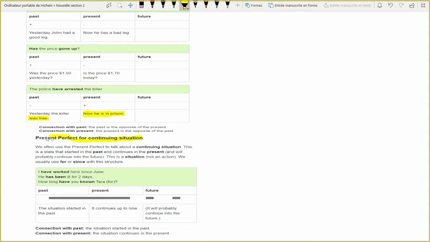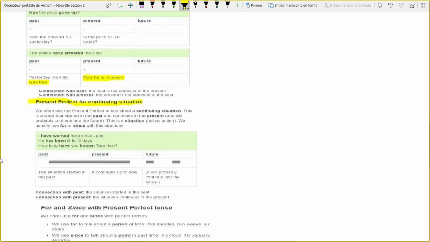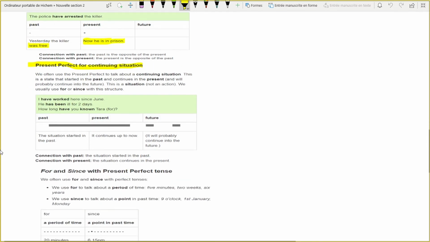So, present perfect for continuing situation. This is very important as well. We often use the present perfect to talk about a continuing situation. This is a state that started in the past and continues in the present and will probably continue in the future sometimes.